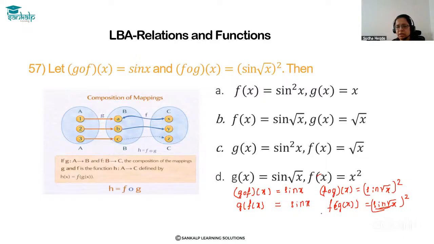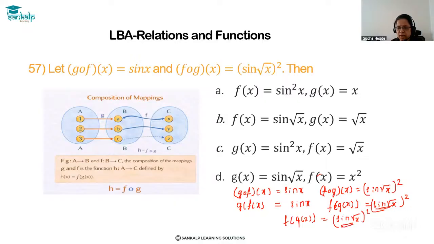It must be x². Are you getting? f(g(x)) is equal to (sin √x)².